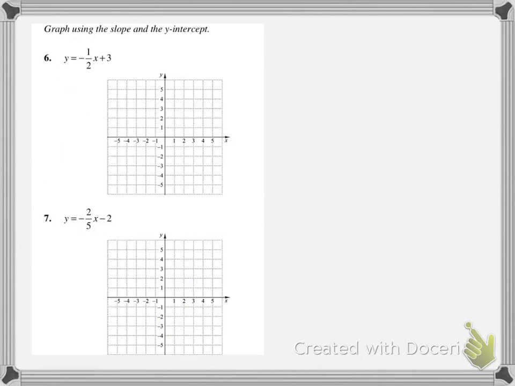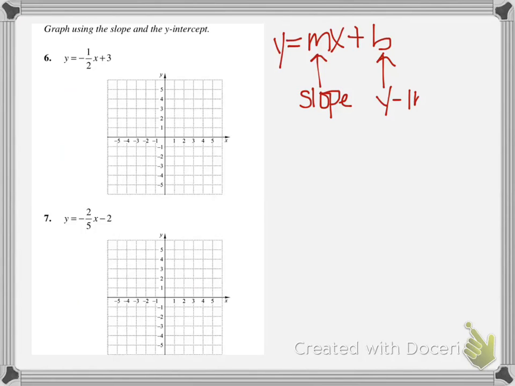Okay, so now they're actually giving us slope-intercept equations. So instead of just giving us the information, we have to pull the information from the equation. So if it's in slope-intercept form, then I know that my slope is always going to be in front of my x, and that my y-intercept is always by itself.